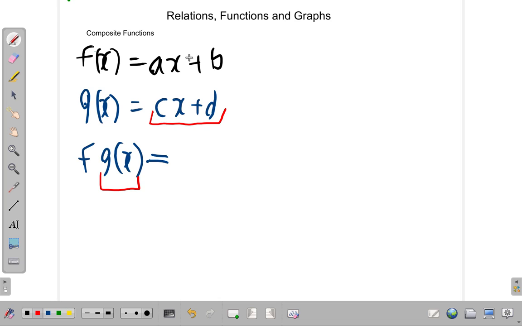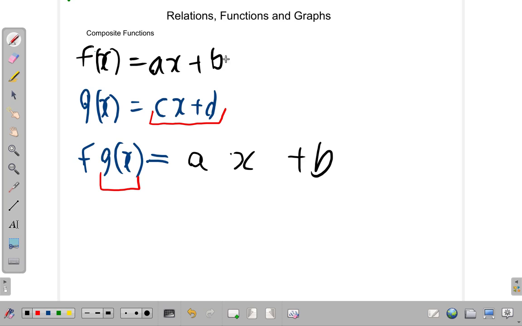Now, remember, in earlier videos, we're saying that when you have f of 3, you replace x with 3. For f of x, you want f of 3, you remove x and put 3 there. So what you're going to do is this. For fg of x, we have f of x being ax plus b.